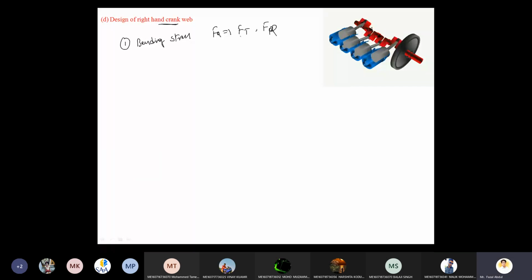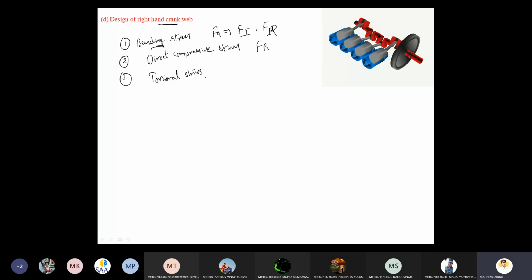Because of these two, there will be a bending stress. The second one is a direct compressive stress. This is due to FR, the radial force. And the third one is a torsional stress, due to the continuous rotation.